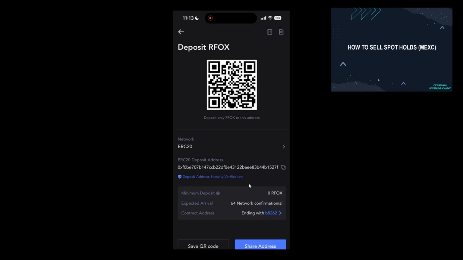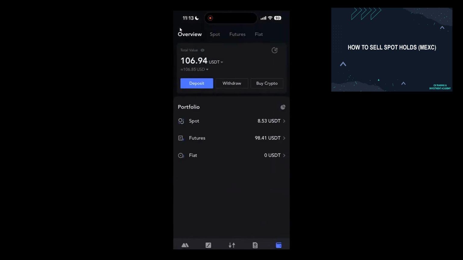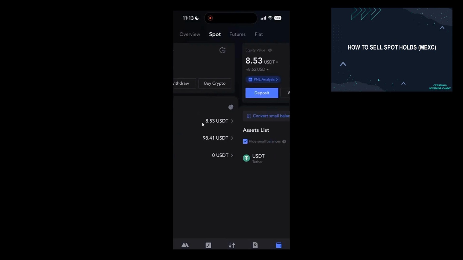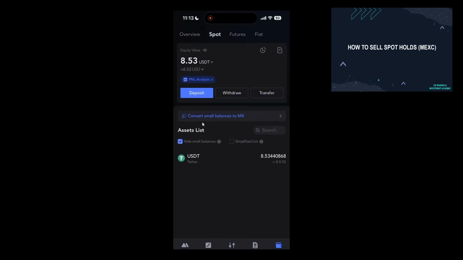It could take a while. As you see here, 64 network confirmations. After that they will arrive back, and you will find them under spot. That's where your assets will be listed. In this case, we only have a little bit of USDT here, but you will find your RedFox once it's back on Mexc.